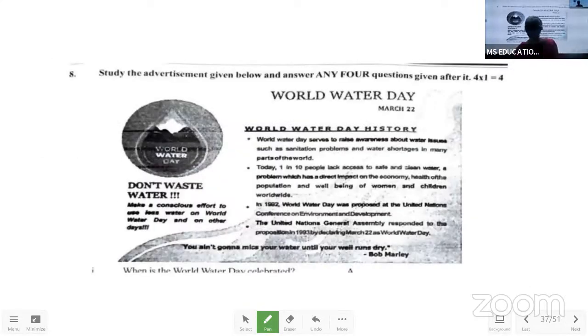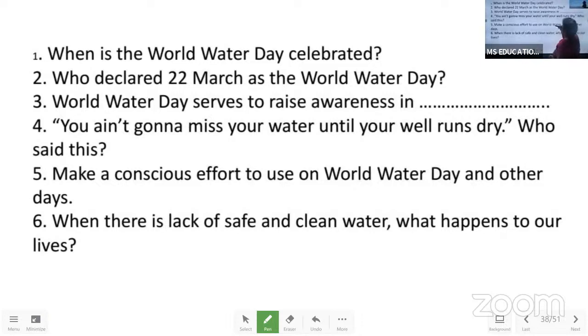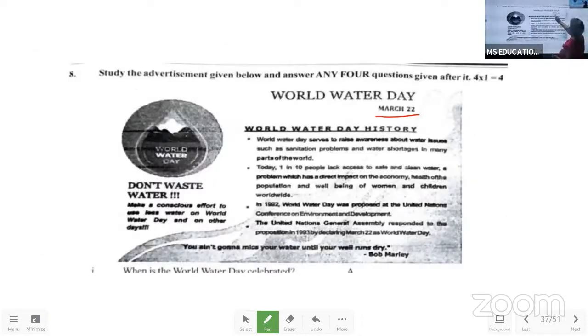This is World Water Day, which is celebrated on March 22nd. As you know, there's scarcity of water and we have to conserve it and not waste water. When is World Water Day celebrated? Clearly given, March 22nd.